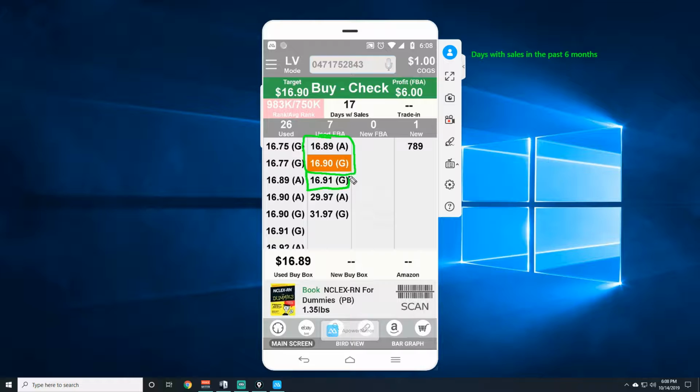Now this guy, I'm not so sure if he is or not, or his repricer is not as fast as these guys, or it could just be the time that this was scanned live. But chances are this guy has a slower repricer. Maybe he reprices once a day, or maybe once an hour, and I just happened to check at this time. But these two are definitely fighting with each other pretty quickly, judging by the graph.